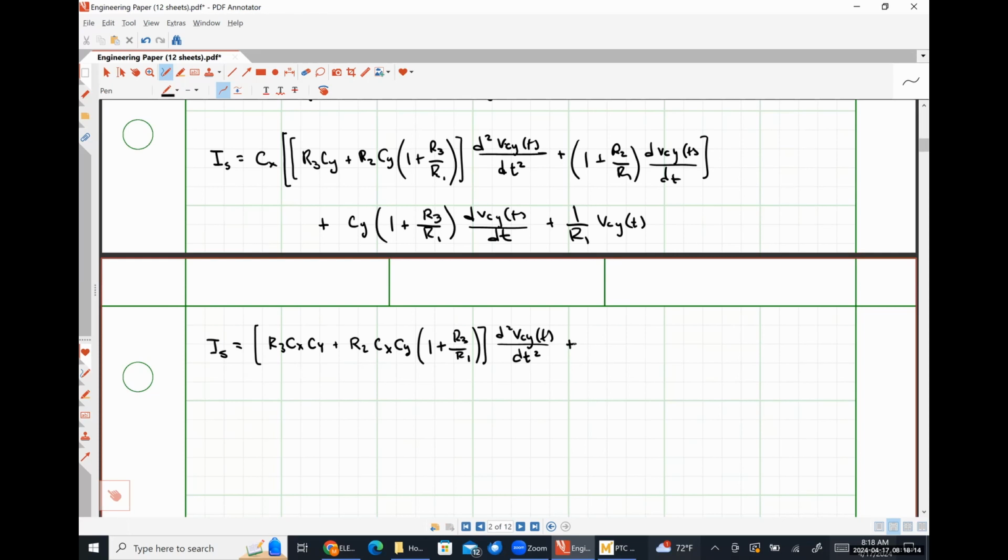Now we're going to have our first derivative term. So I have a CX times 1 plus R2 over R1, plus a CY times 1 plus R3 over R1, times dVCY by dt.